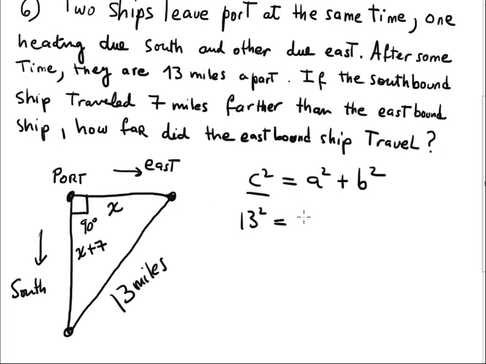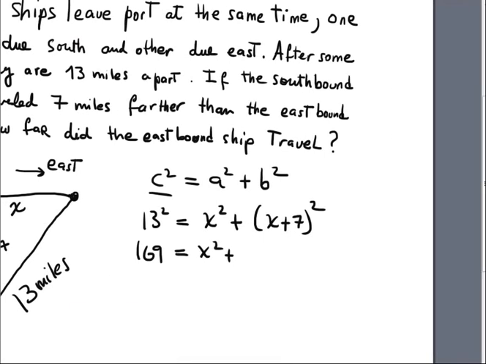a is x squared, plus b is x plus 7 squared. So this is a quadratic equation. Let's solve it. 13 squared, put in the calculator, is 169. This is x squared plus, and you expand this using FOIL. It's x plus 7 times x plus 7.